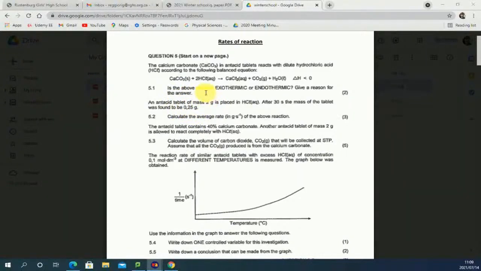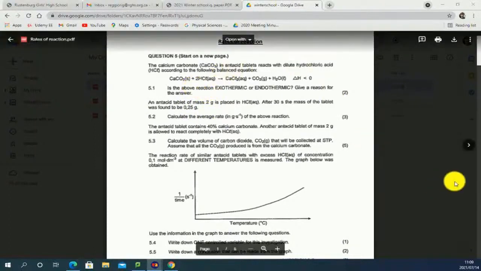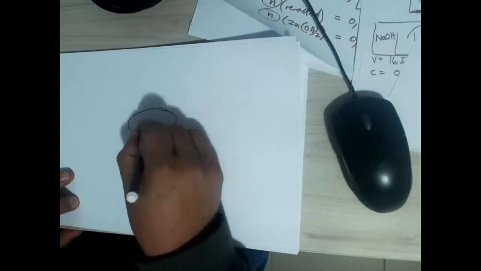Right, so I remind you again of what I said earlier on. And what I said earlier on is everything is with moles. Okay?